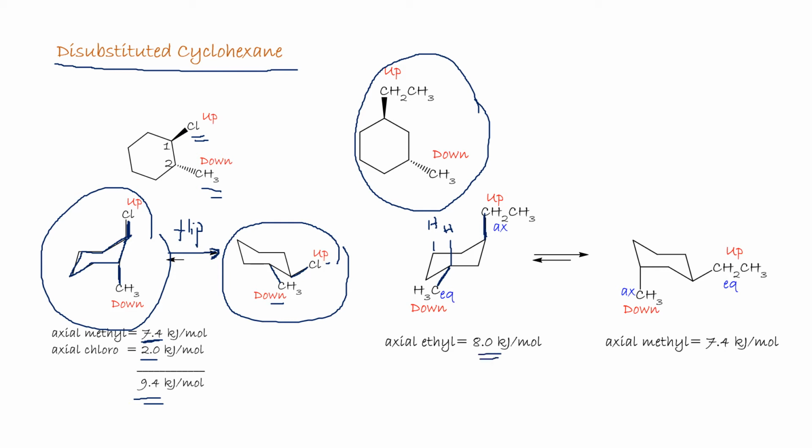If we make the flip, this will be equatorial and this will be axial. Here we will find CH3 1,3 diaxial, which is equal to 7.4. Of course, this one is lower in energy, so again the contribution or the existence of this conformer will be higher than this one.